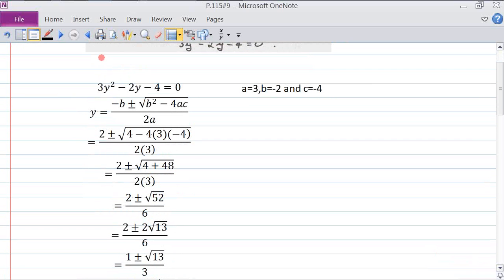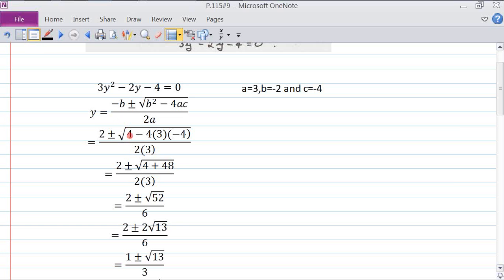So first of all, we start with the equation 3y squared minus 2y minus 4 equals 0, and we look for acceptable solutions. We use the quadratic here. A is 3, B is minus 2, and C is minus 4. So minus B becomes minus 2, plus or minus this here.